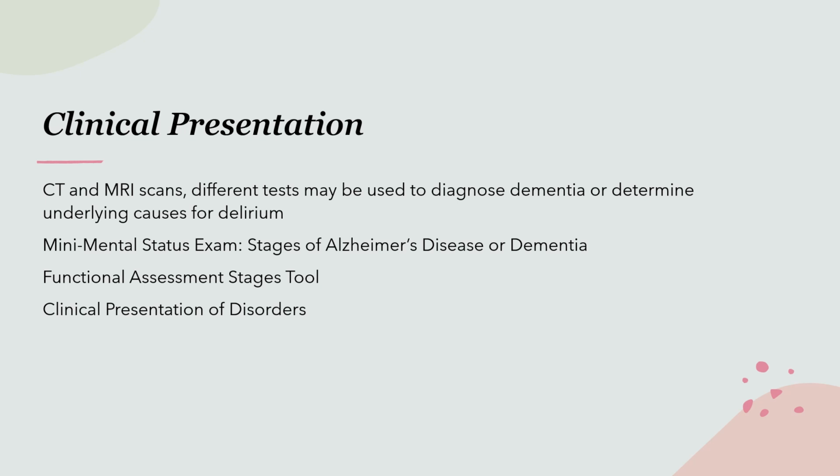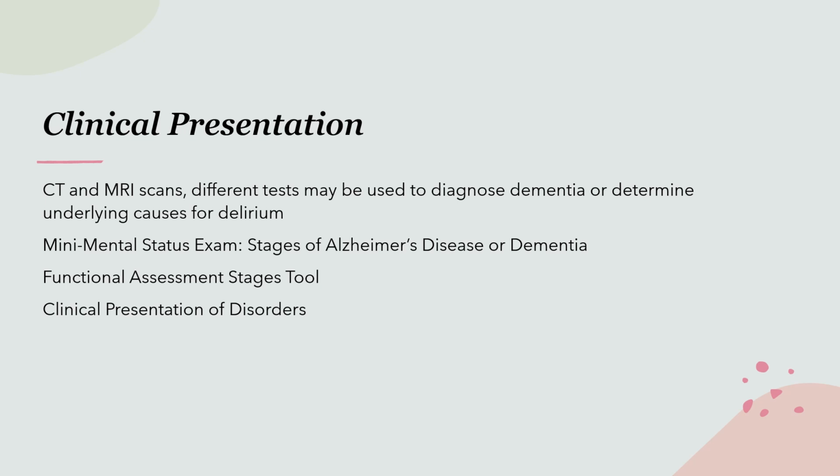So then there are a couple of different tests that we can administer, or assessments, to see where they are. So we have the mini mental status exam, which is going to look at different stages of disease or dementia.